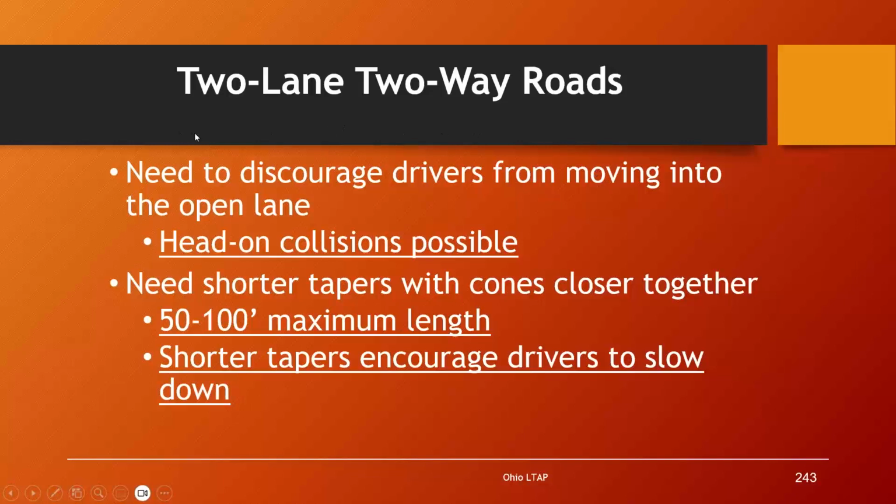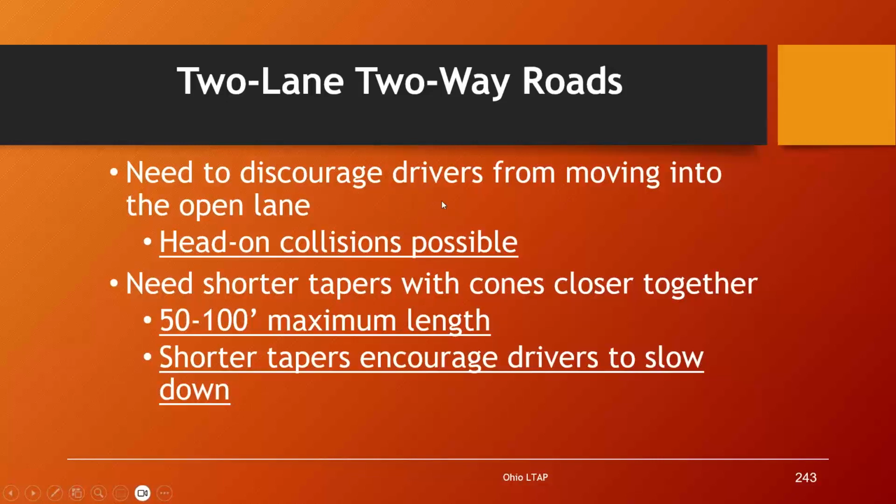Then we move on to the type of taper that we use in a flagging operation. When you look at that typical application, you'll see a taper, and it says that the length of that taper is 50 to 100 feet. It's not based upon the speed of traffic like a merging taper, so it's a shorter taper.